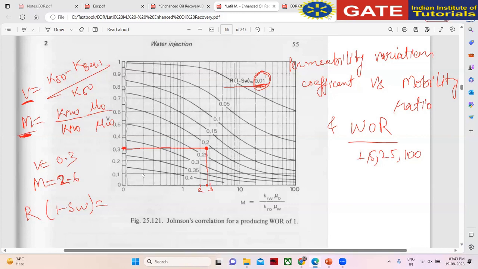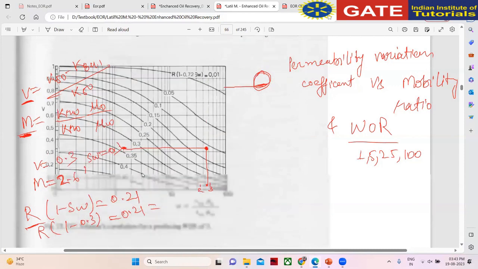Okay. So we say that this point will be 0.21 or 0.22. Okay. So SW is given 0.3, so we can calculate R. So R, your recovery factor, is 1 minus 0.3. So 0.21. So you can calculate this.